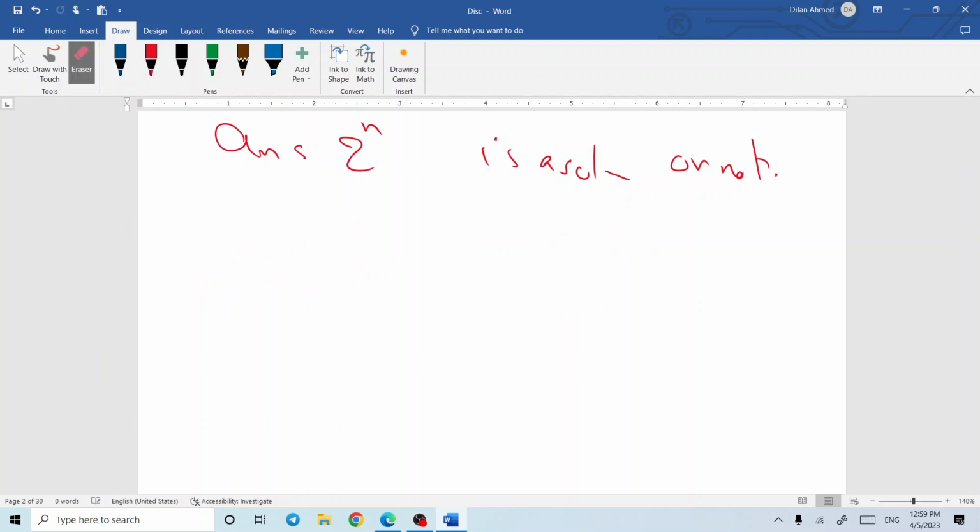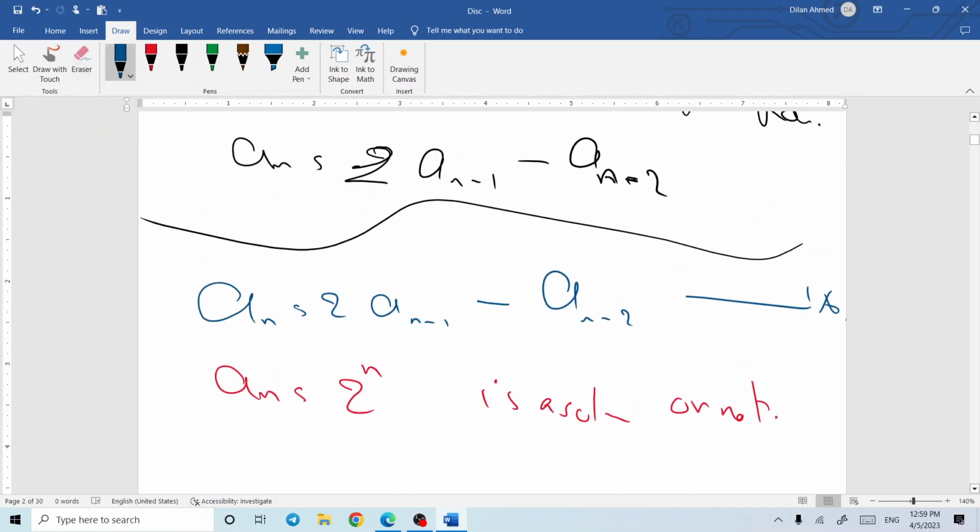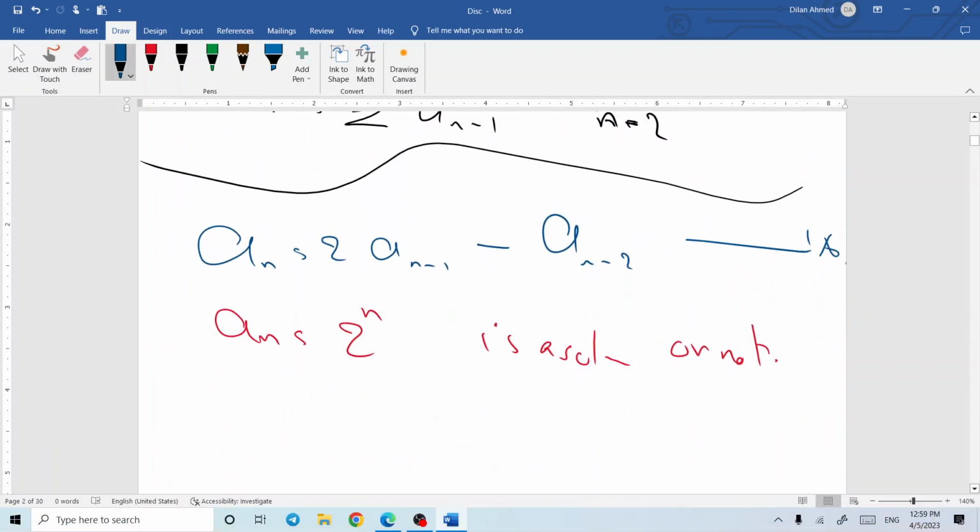We are going to use the previous method to show if it is a solution or not. We need to find the formula that includes the equation star. The given is what? an equals 2 to power n. This is the given. Now, an minus 1 equal to 2 to power n minus 1. Am I right? And an minus 2 equal to what? 2 to power n minus 2.